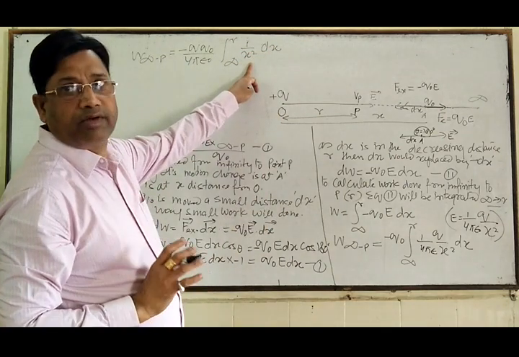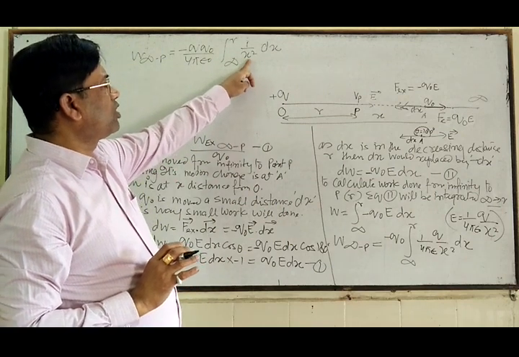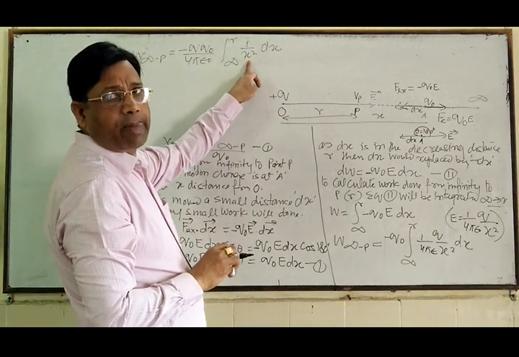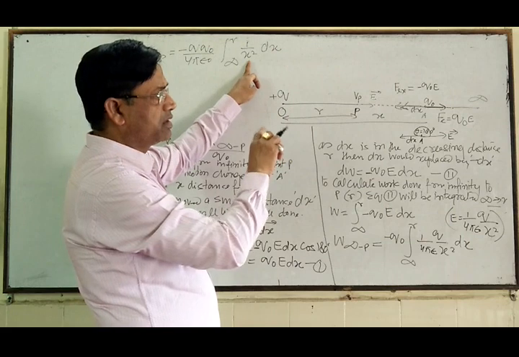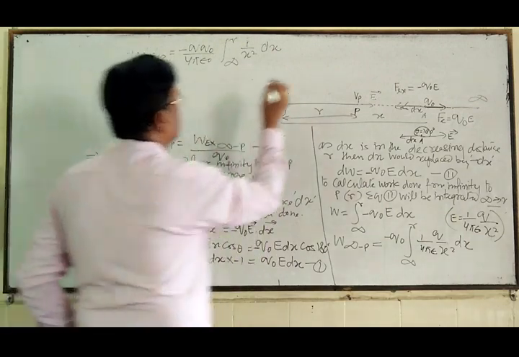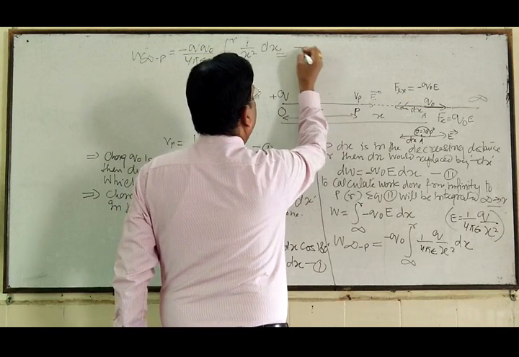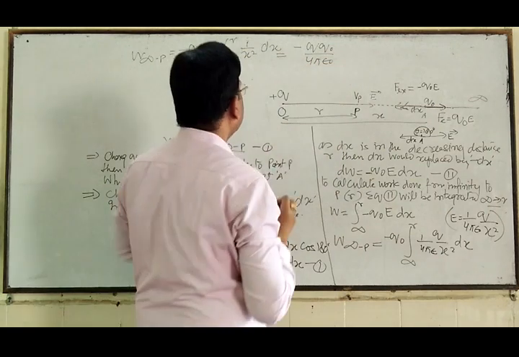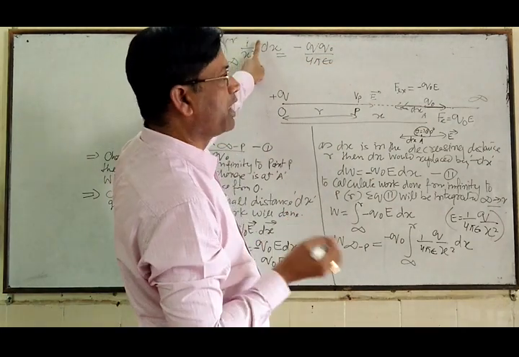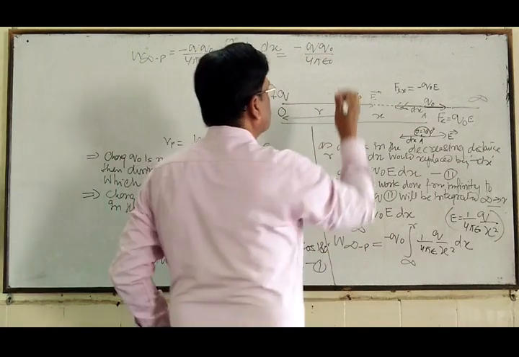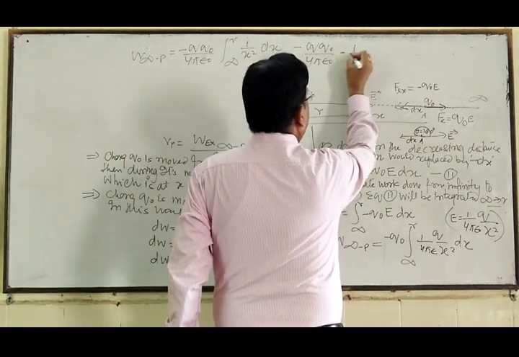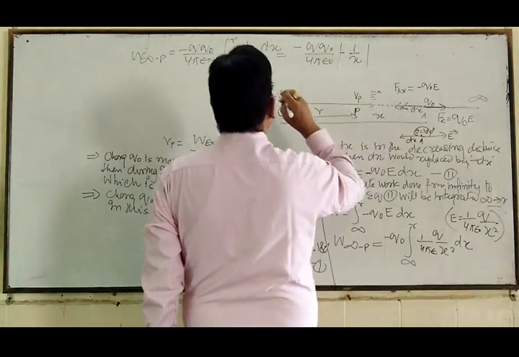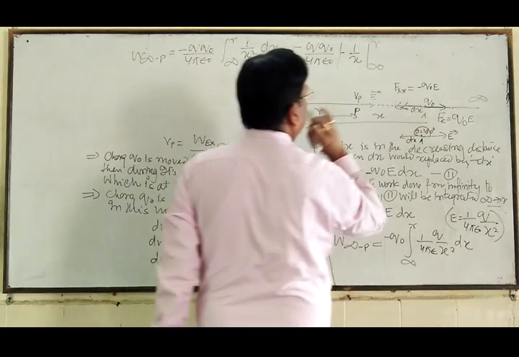X square integration you know, it is x to the power minus 2. So minus 2 plus 1 upon, that is minus 2 plus 1, then this will be equal to minus Q naught upon 4 pi epsilon naught. It can be written as x to the power minus 2, and integration of x to the power minus 2 is minus 1 upon x. This limits from infinity to r.